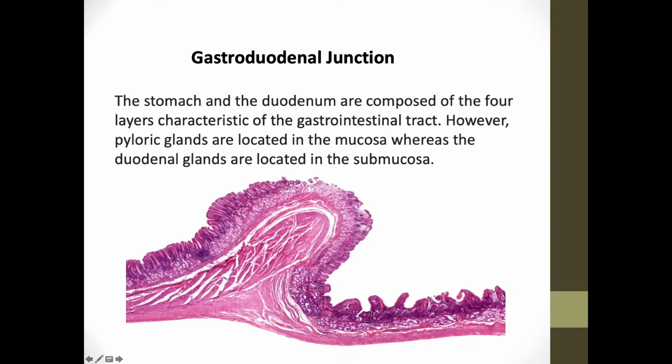So in the duodenum there are also glands located in the mucosa, epithelial glands, but here are large submucous glands.